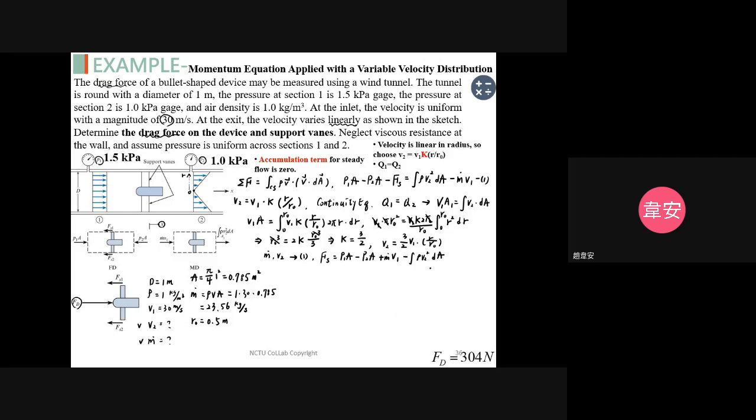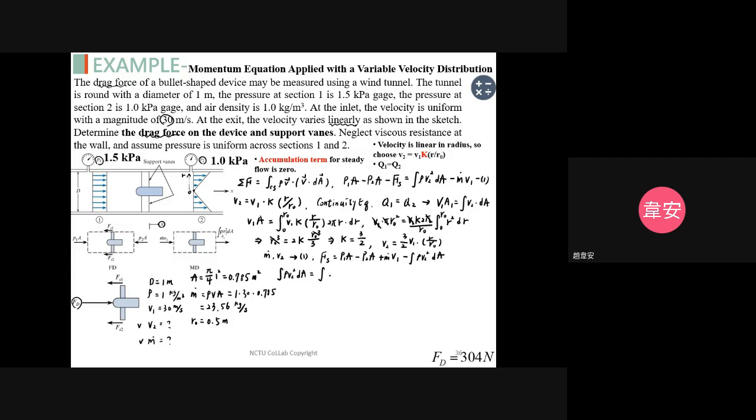Okay, so first we can compute the numbers for the integration term. We first focus on the target, rho V2 squared dA. The rho is 1 kilogram per cubic meter, and the V2 function is shown here.